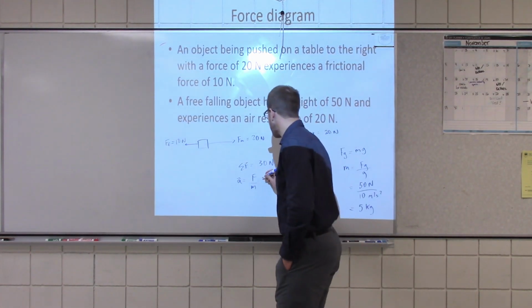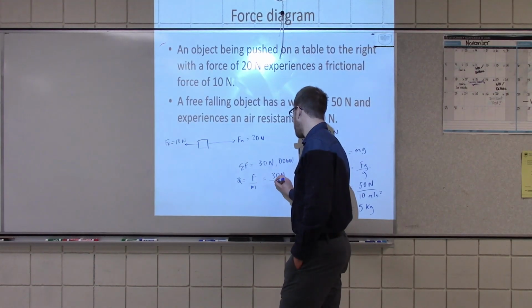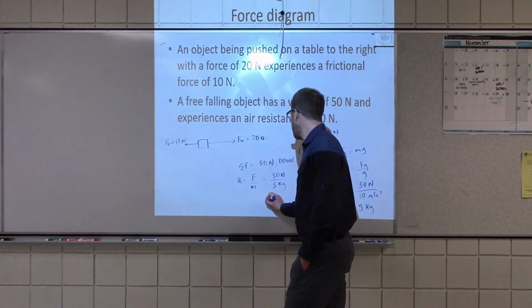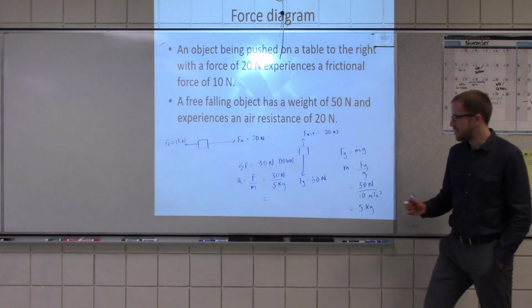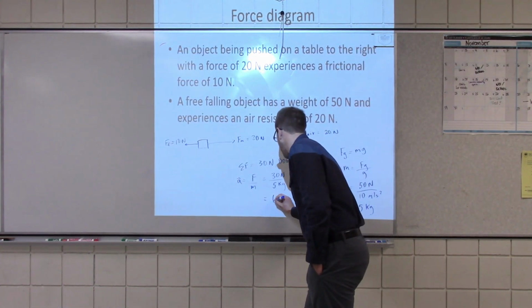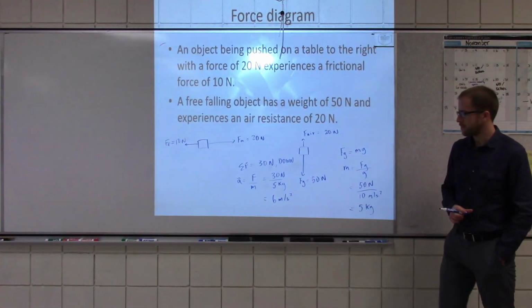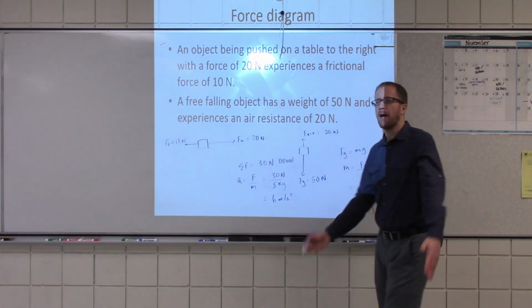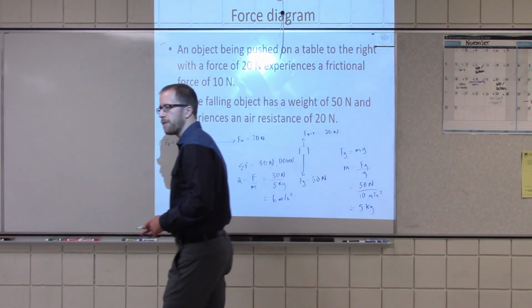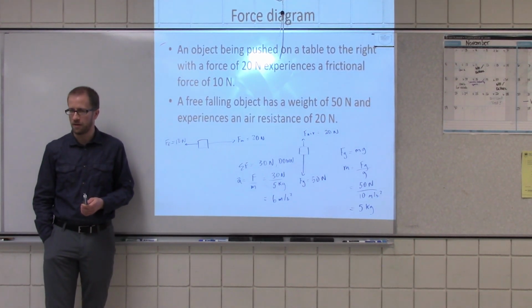So this is going to be 30 divided by 5, which is what? 6 meters per second squared. So this object is falling down towards the Earth currently with an acceleration of 6 meters per second squared.